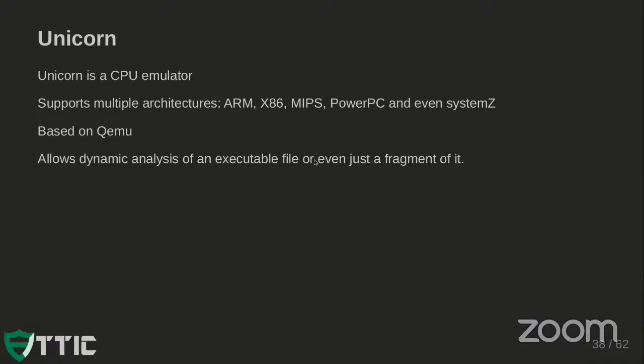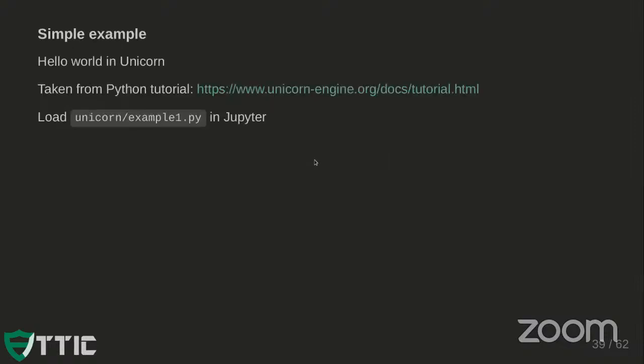It supports many architectures, and it will allow you to emulate a call, a block, a function or even an entire executable. But there is a catch. Unicorn doesn't support things like system calls, and it also doesn't have an ELF loader.